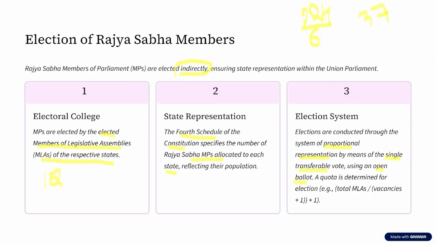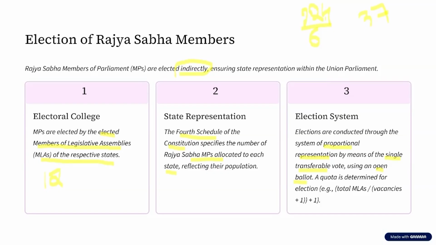So the Congress had fielded two candidates, and the Shiv Sena had also fielded two candidates, and one BJP candidate was contesting for the six seats.